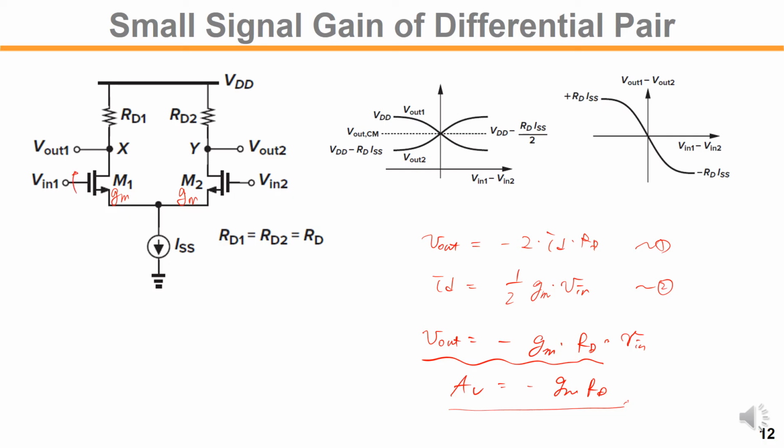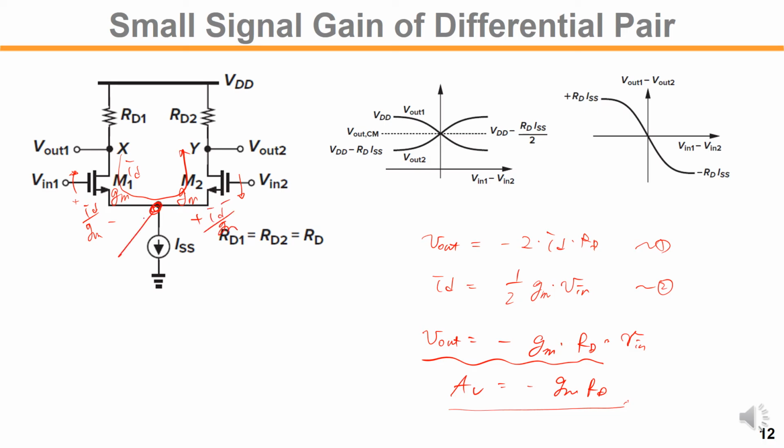Since we increase the input voltage on the left and decrease it on the right, the same amount of current ID flows, and the voltage drop here is again ID over GM, and also the same amount ID over GM.